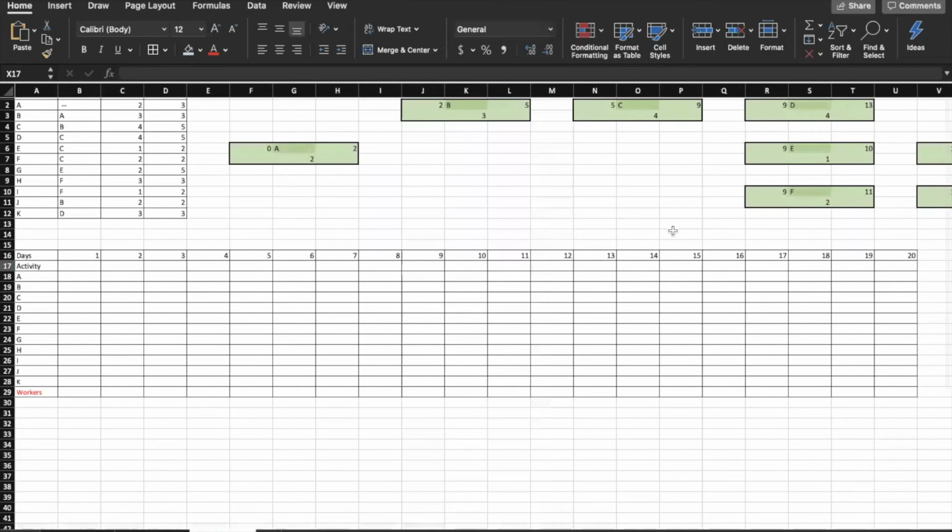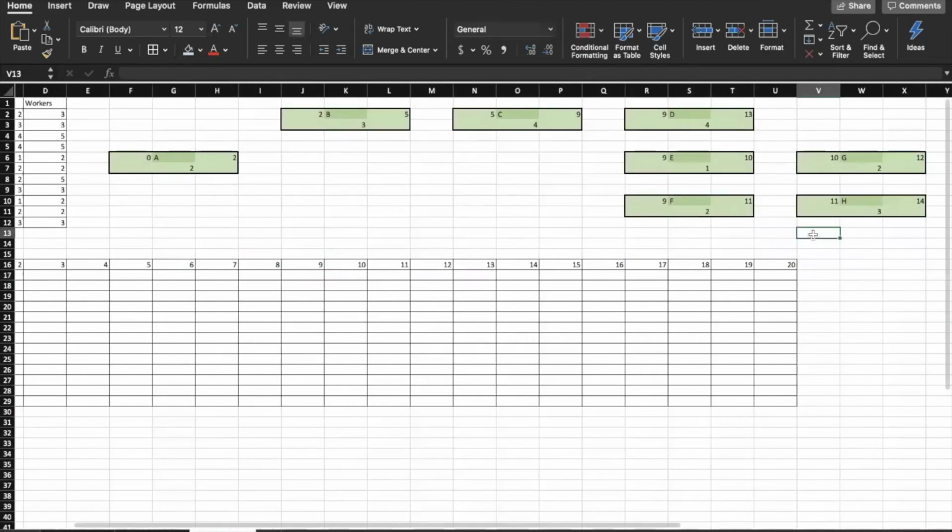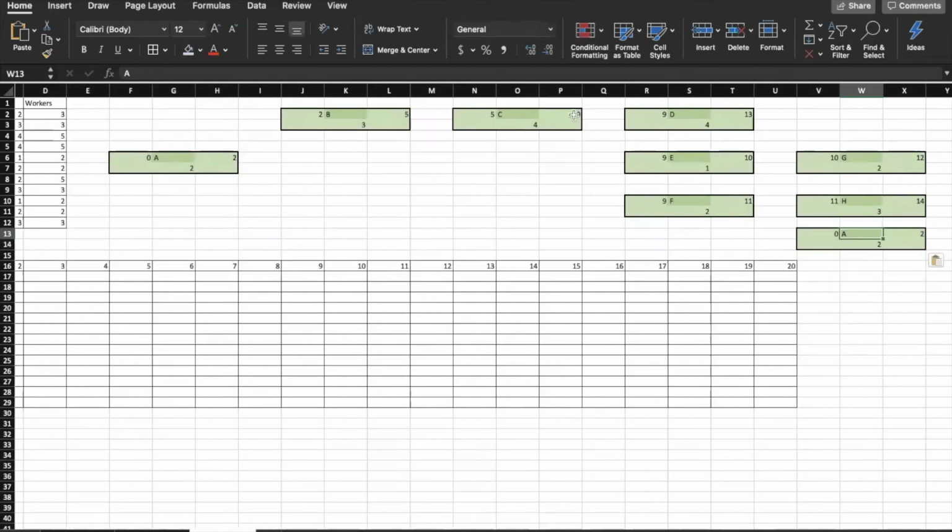The next one would be I after F. So I'll put it under here, which means starting on the 11th. I takes us 1 day, which means it would be completed as early as day 12.